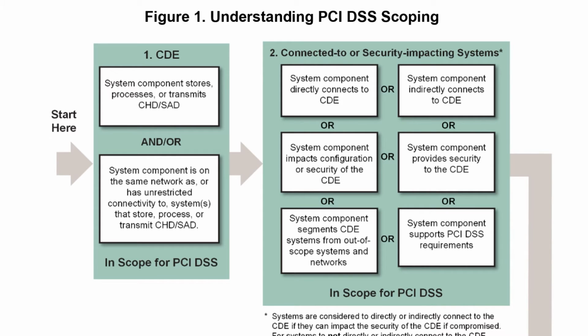So anything that stores, processes, or transmits cardholder data, I have clients that will label it with a number 1 or a letter A or some other type of nomenclature to identify that, and then they kind of move their way down the list. So if it stores, processes, transmits, or is on the same network segment, that's part of our CDE, we need to label it as such.